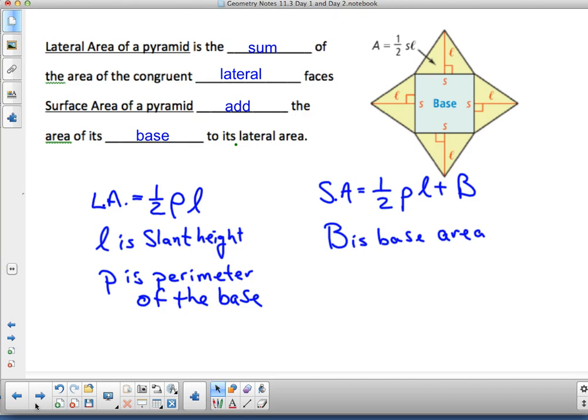And then for the surface area, just add in one base, because there's only one base. Okay, that vertex doesn't have any area. It just comes to a point. So I hope you get that point as well.